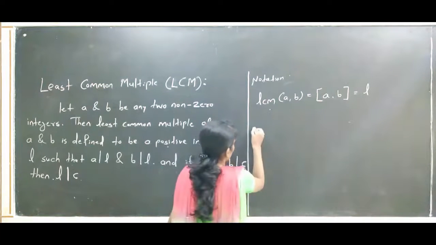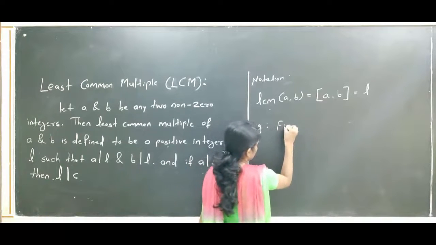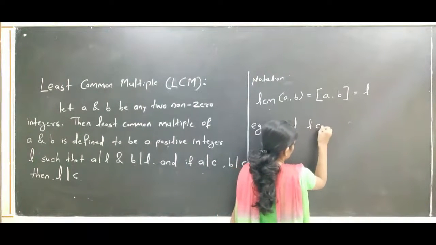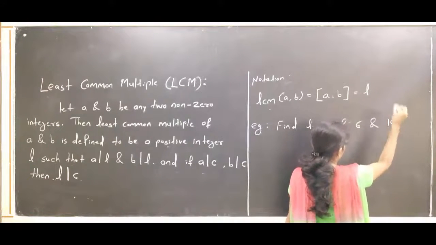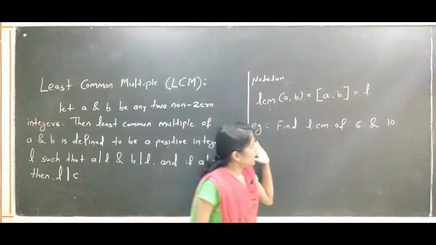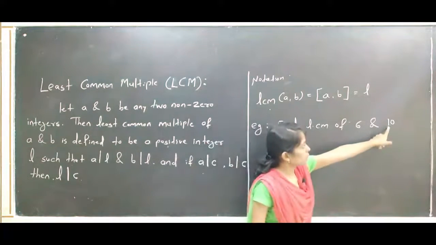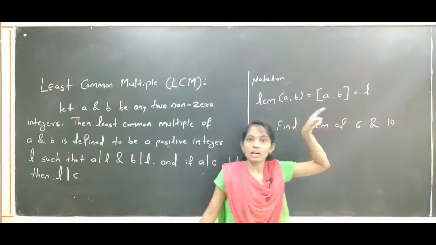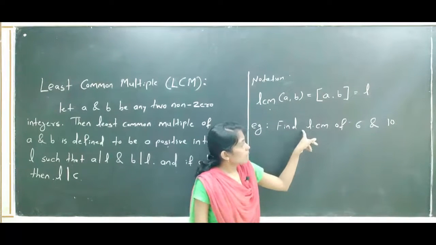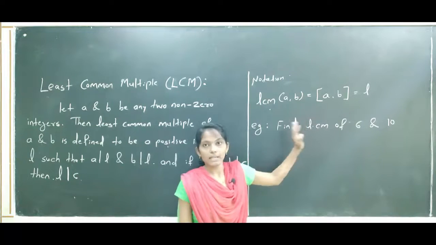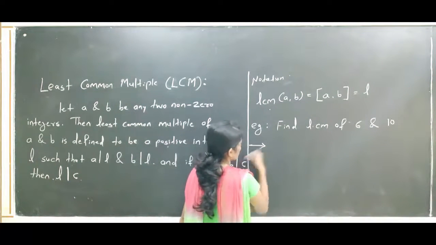Now we see the example. Find LCM of 6 and 10. For finding LCM, first of all we want to find the common multiples of 6 and 10, and among those common multiples we want to find the smallest, and that smallest common multiple is nothing but the least common multiple. Solution.